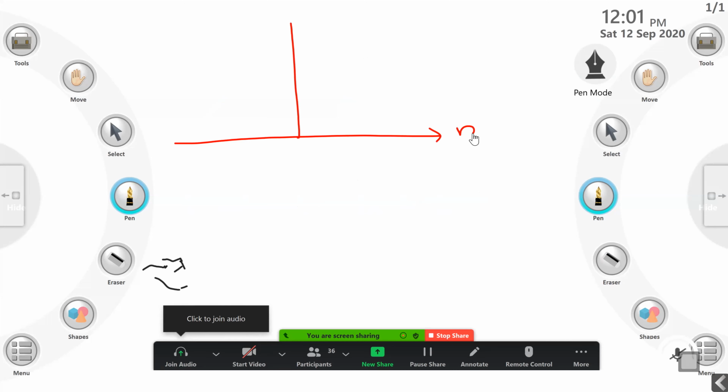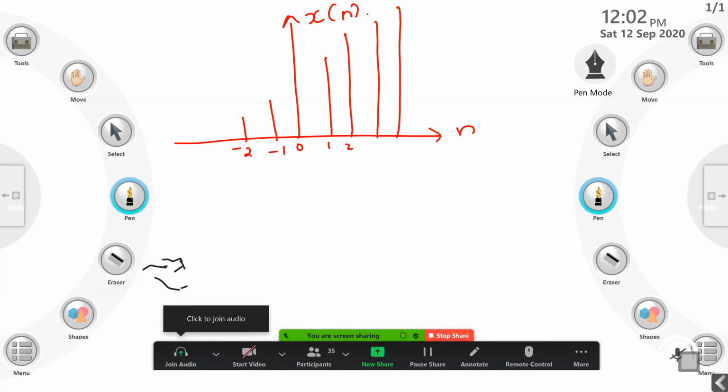So this is x of n. Of n means it is discrete. So it is starting from -2, -1, 0, 1, 2, and you will have signals till 6.